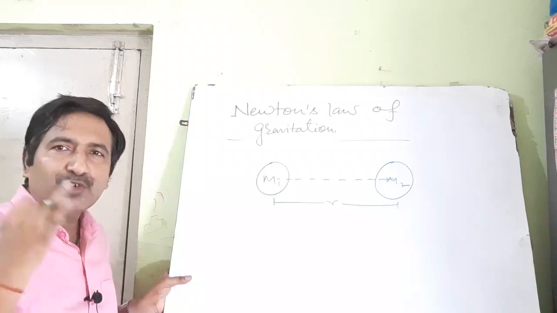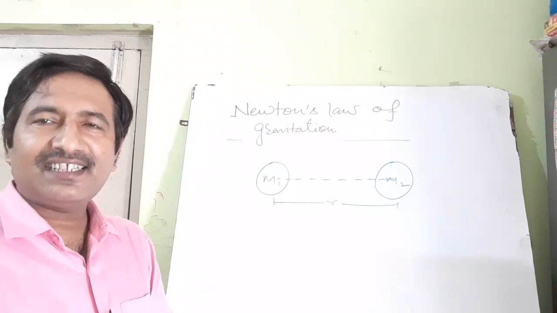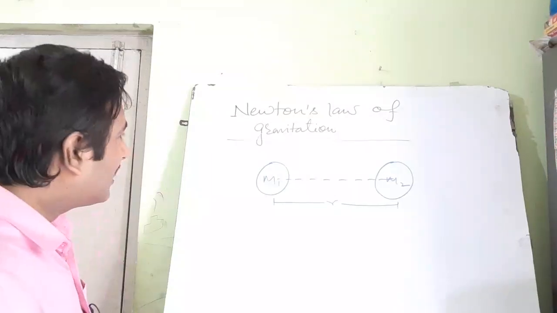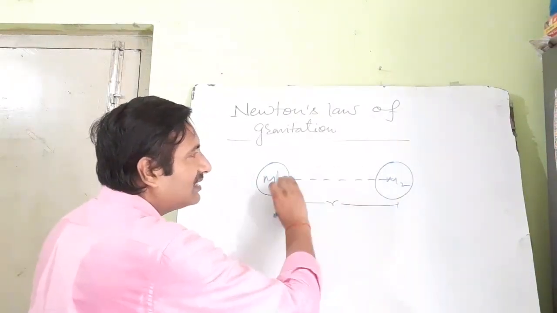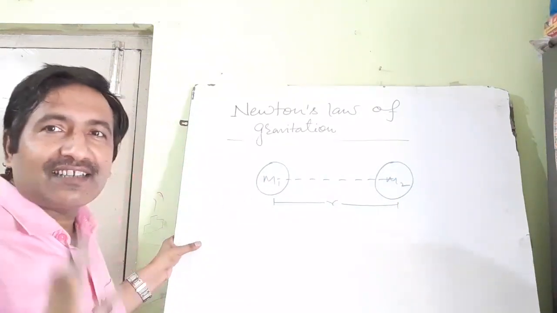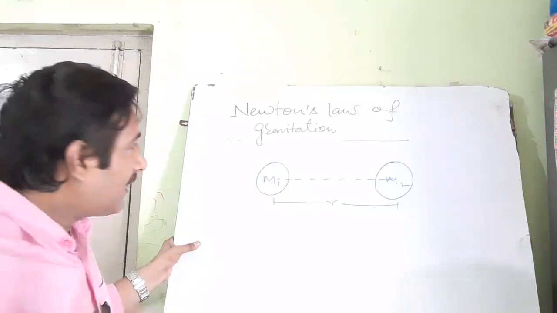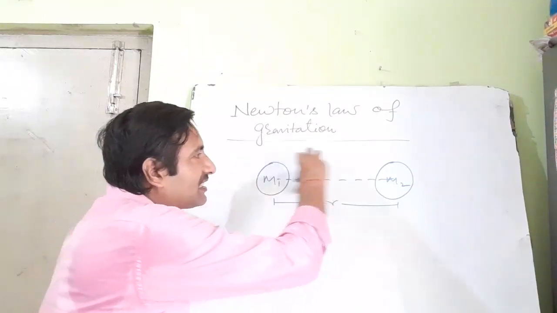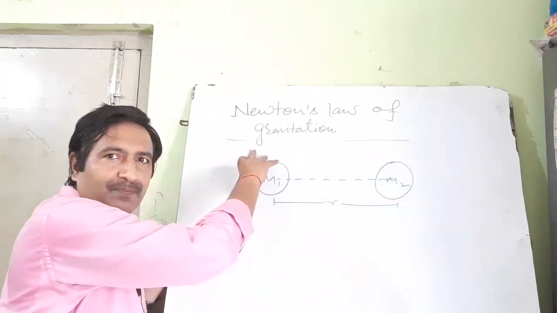You know gravitational force is a central force. I discussed it in the previous lecture. So the force will act along the line joining the centers of the two bodies. You also know gravitational force is an attractive force, which means m1 will be attracted towards m2 and m2 will be attracted towards m1.